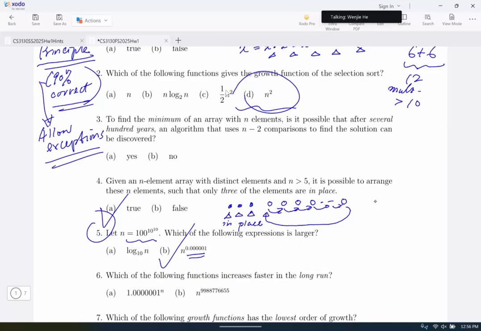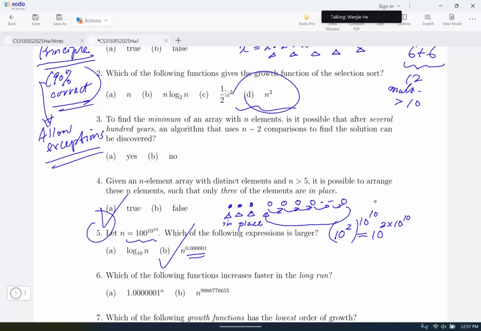For A, because 100 we need to write 10 square, then 10 to the 10th. By the algebraic property of multiplication, two exponent numbers we multiply together, 2 times 10 to the 10th, right?